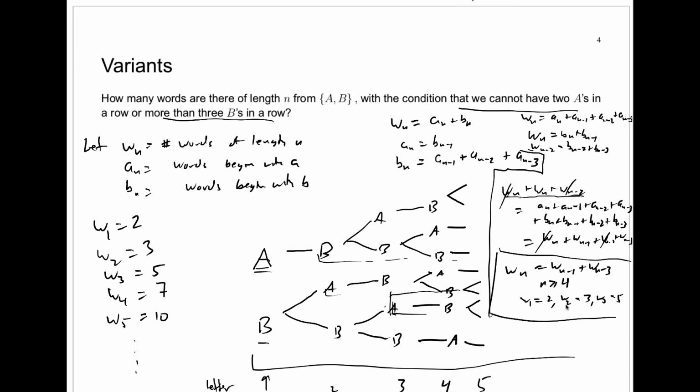Notice that after w3, w4 would just be w3 plus w1, which is w4 is 7, that would be the 5 plus the 2. w5 is 10, that would be the 7 plus the 3. And we could go on and on and on. w6 would be the 10 plus the 5. You'd get 15. And it would keep going like that.